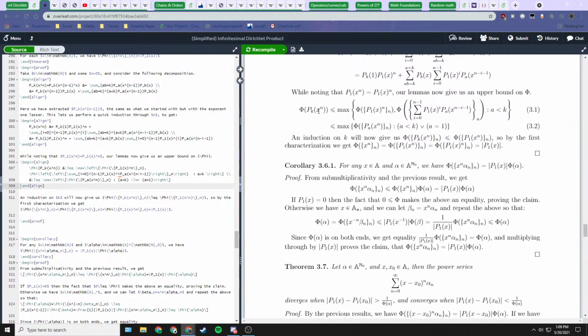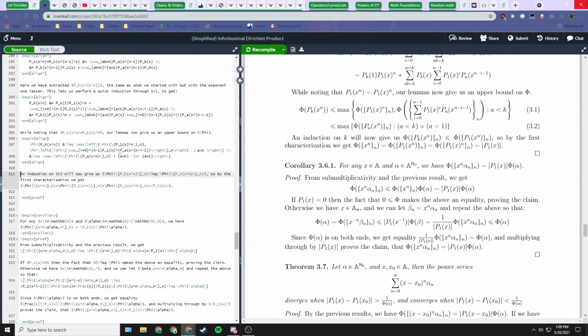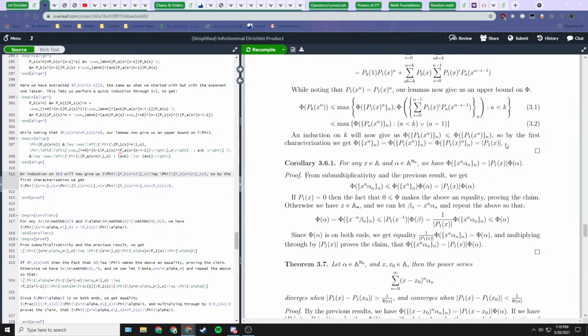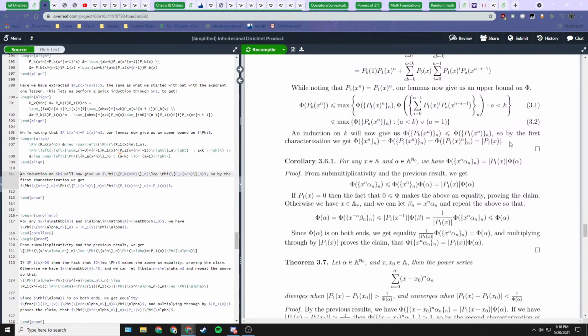Because we've bounded the kth projection by all the lower projections than k, or 1, induction basically gives us that the phi value of this kth projection is bounded by just the first term, phi of p sub 1 of x power n, because each of these p sub a projections is going to be bounded by the ones before them, and so on and so forth, by the maximum of all the previous ones.